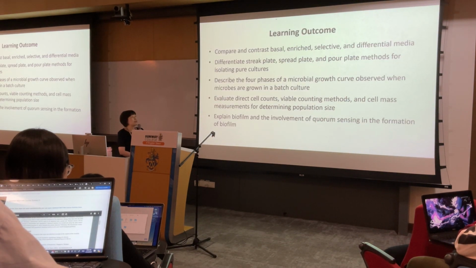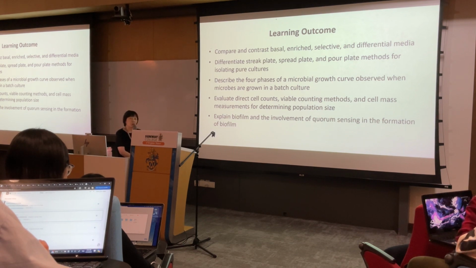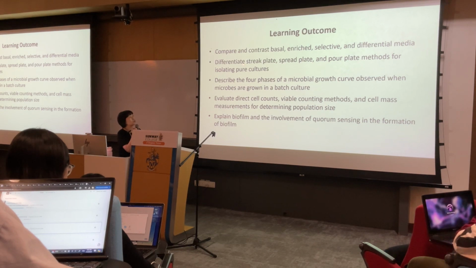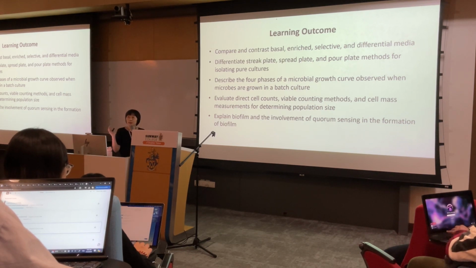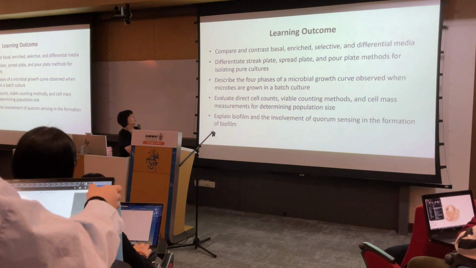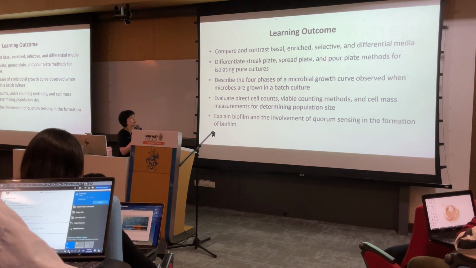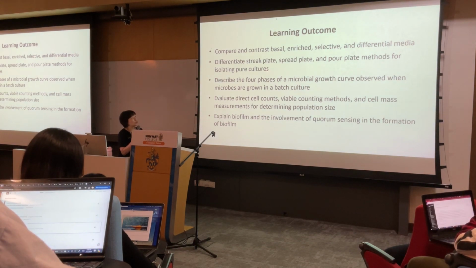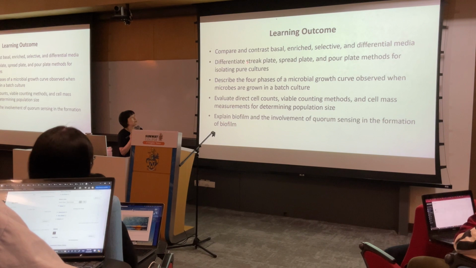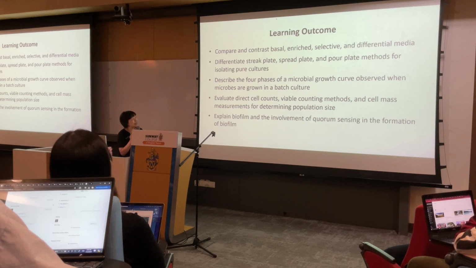So there are a lot of learning outcomes which you need to know, meaning that by the end of this lecture, you need to know. I do not know whether you'll be able to do it, but supposedly you'll be able to compare the different types of medium used in the laboratory. You will also know that, at least in this lecture, there are 3 different methods to culture bacteria on plate, meaning on agar plate.